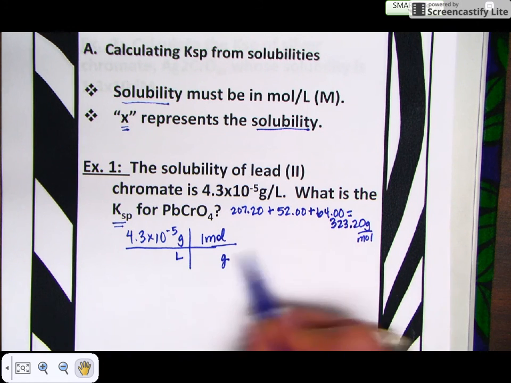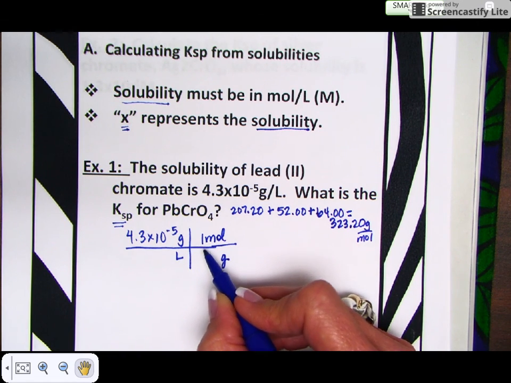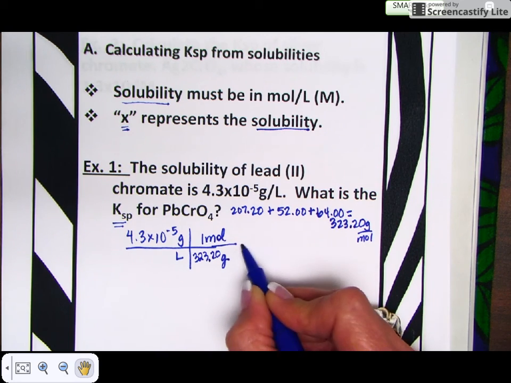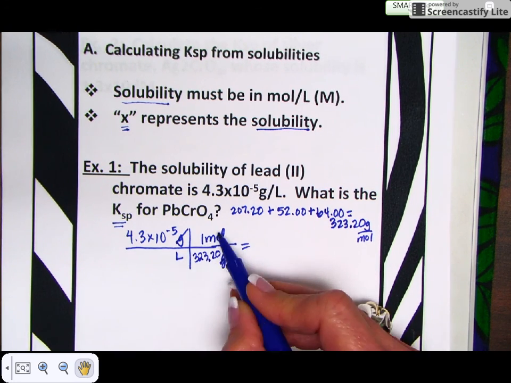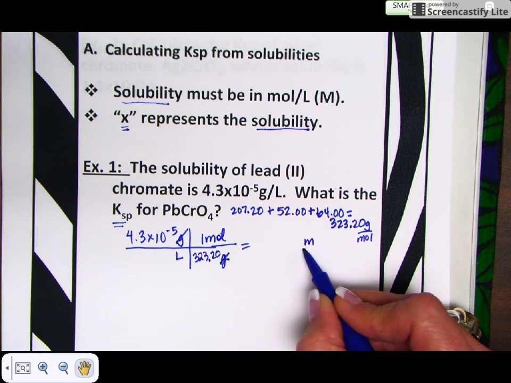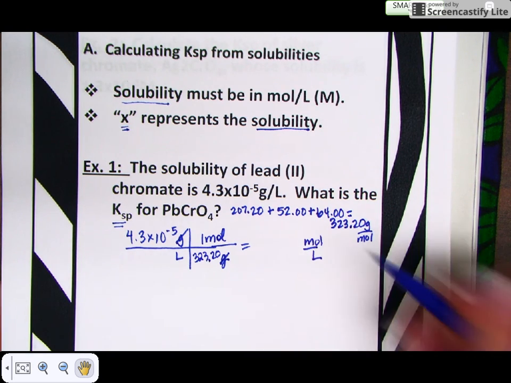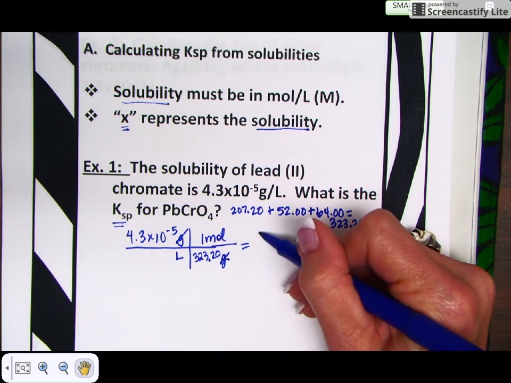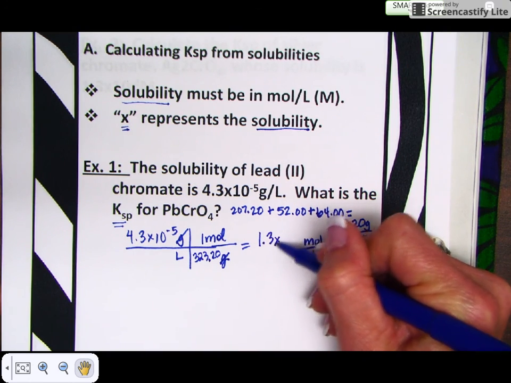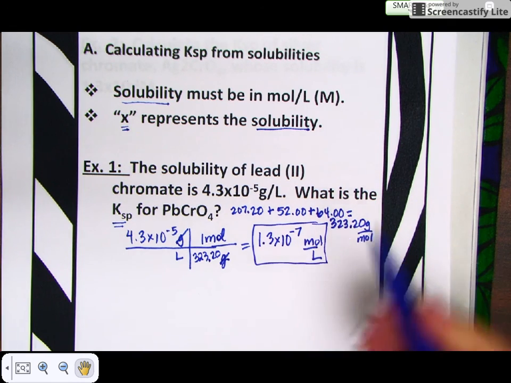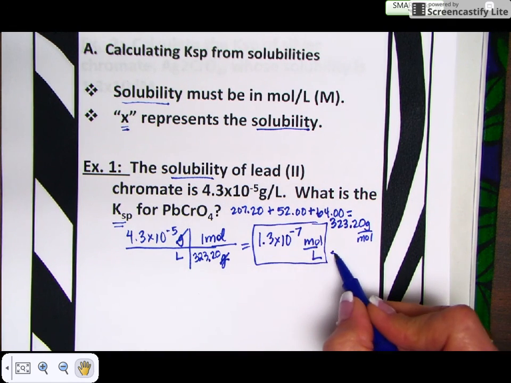So we're going to plug that in here, 323.20. And this lets our grams cancel and it gives us moles per liter, which is molarity, which is what we need for our concentration unit. So our molarity here is 1.3 times 10 to the negative 7. And this is what they're calling the solubility.